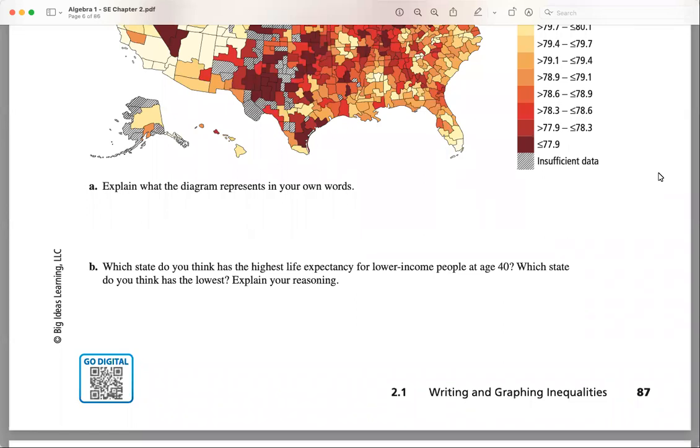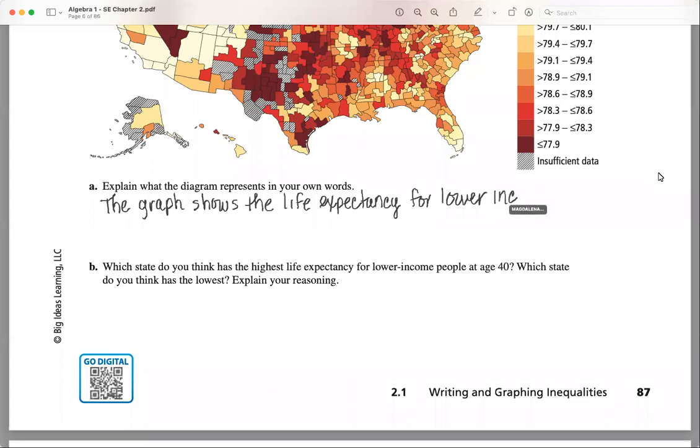So the graph shows the life expectancy for lower income people in the US when they are 40 years old.